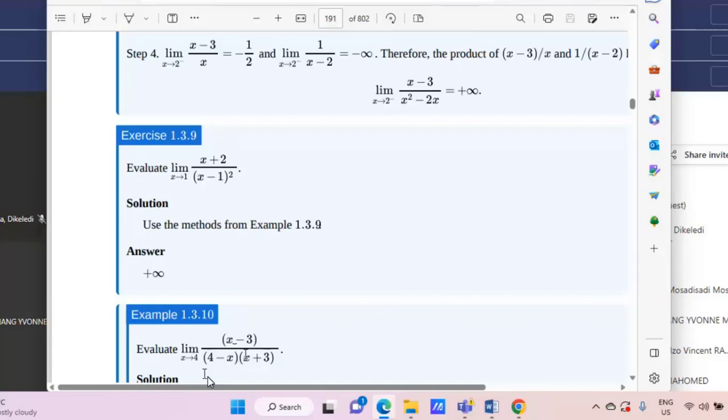The very same way that we did the previous exercise. I'm not sure with my answer, but I got positive infinity over 7.